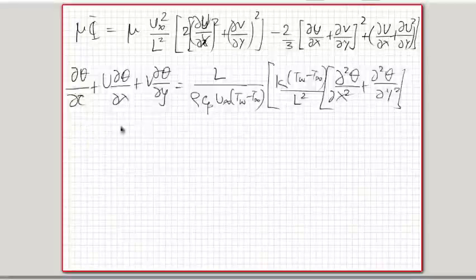Then I'll have this whole thing multiply everything on the right hand side.